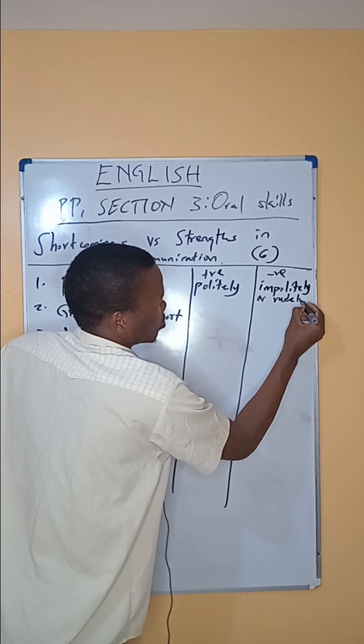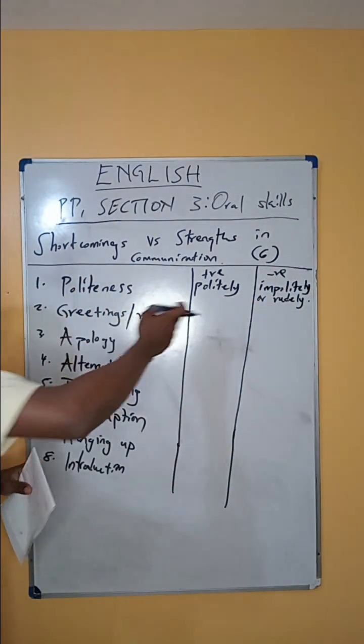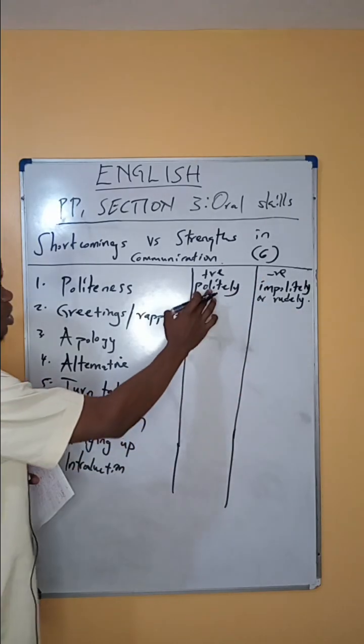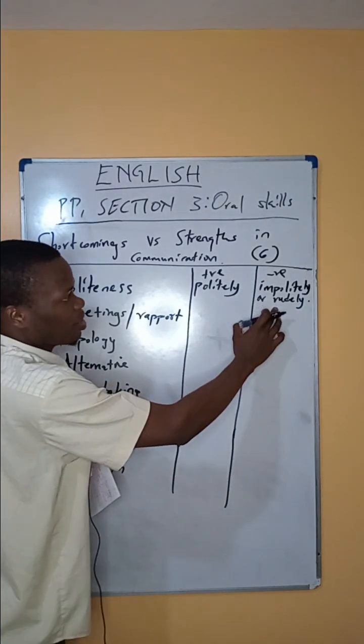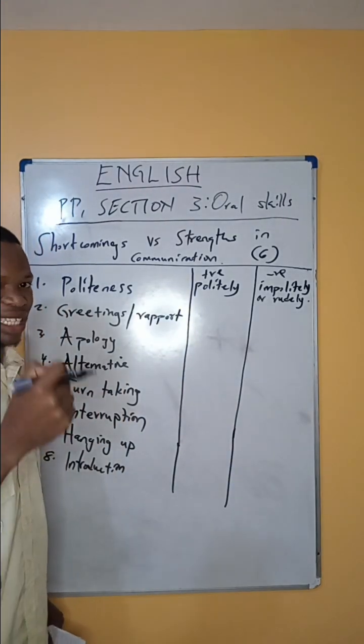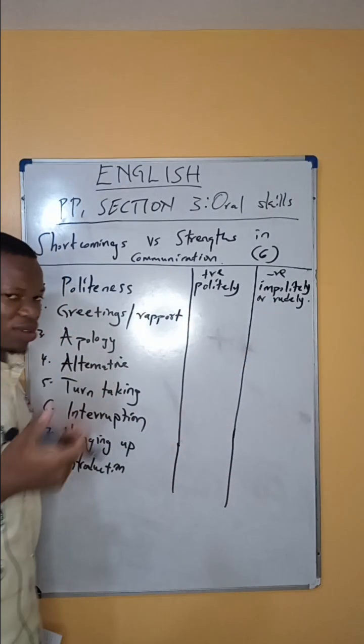Then you give an evidence there. For instance, someone said, "How may I help you?" or "Please," something there. So that is politely. Then rudely, "I want to know whether you're going to open the library tomorrow." I want. That one is demanding. That is not okay. So impolitely or rudely.